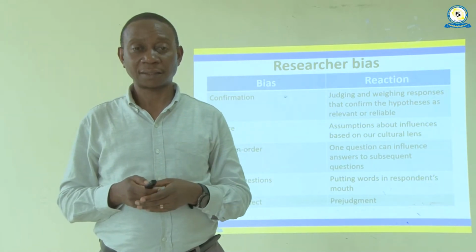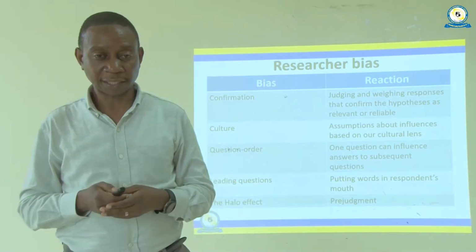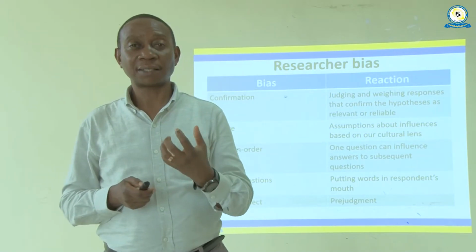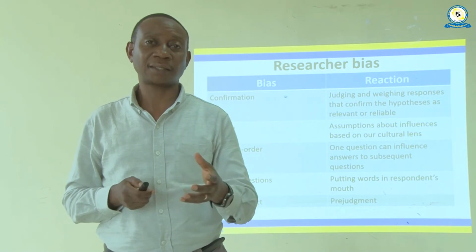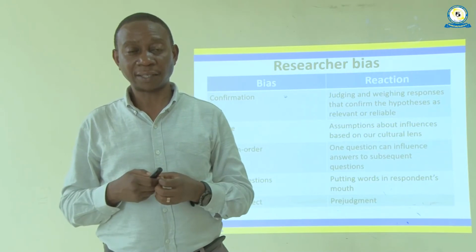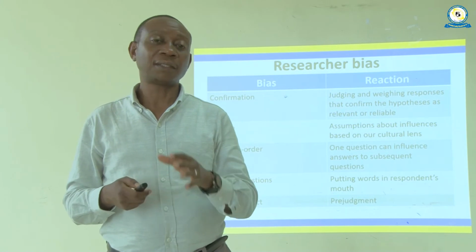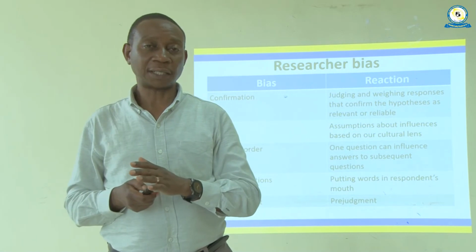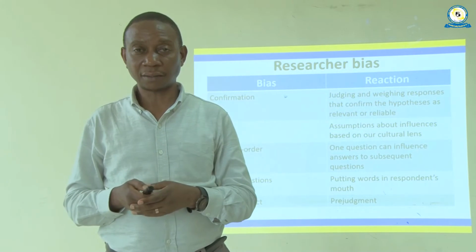This may affect the responses and the data you are collecting. You think certain information will be given by a certain respondent, which may sometimes be wrong. You should not have prior information in your head. You need to take the information given by the participant, regardless of culture, tribe, race, state, and so on.